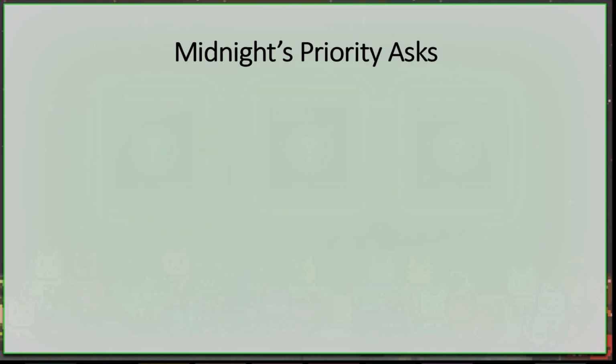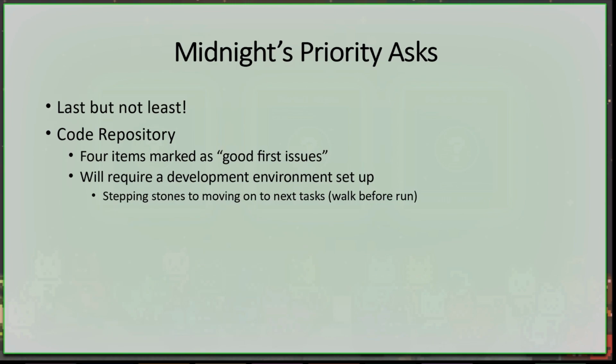All right, and last but not least, we have talked about this throughout the presentation, but we have a GitHub code repository. It has 4 items that Midnight has identified as good first issues. This will require a development environment setup, probably Docker.